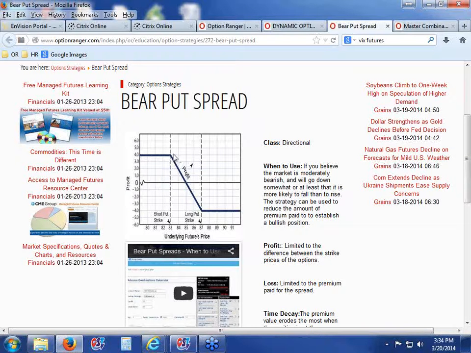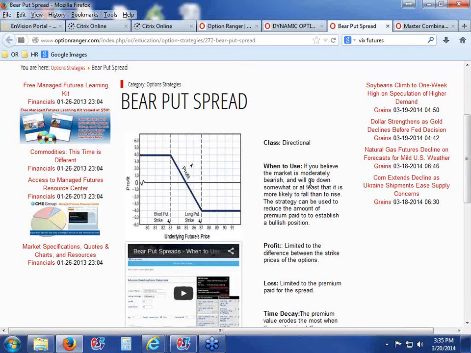So it's the premium that you collected in the middle minus your transaction costs is your maximum profit potential, and your risk, as you can also see, is limited to the amount of the debit. The description is over here.